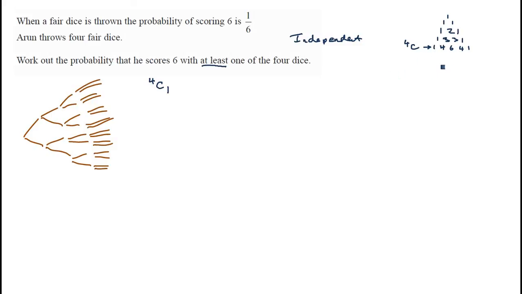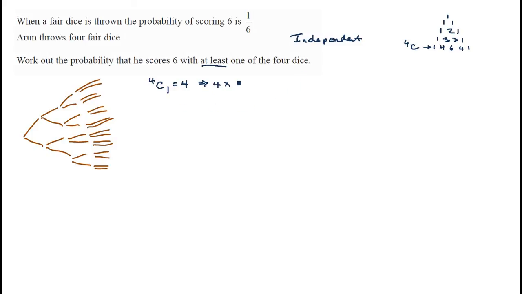So the first one is going to be 4 choose 0. The second one is going to be 4 choose 1. So our answer to 4 choose 1 equals 4. There are 4 ways of scoring 6. And so that's going to give us 4 times just one of those ways of scoring 6.